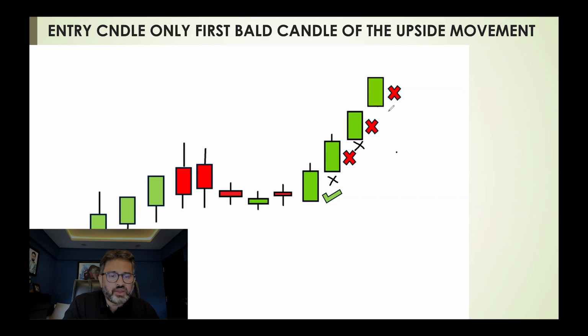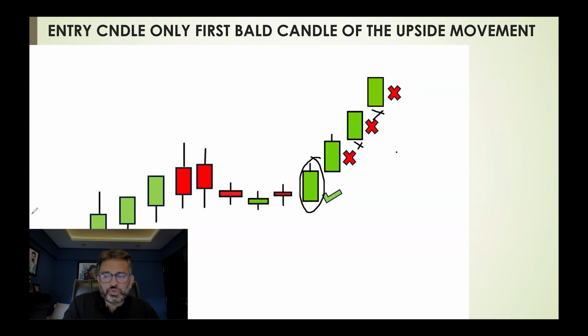This candle also doesn't have any wicks. This candle also doesn't have any wicks. Why am I marking it as no entry? Because what I said, the entry candle should be the first candle after a series of doji or red candles. Okay. So you should take entry only on this candle, not on this candle, not on this candle, not on this candle. Even though those candles don't have any wicks, you should avoid them.